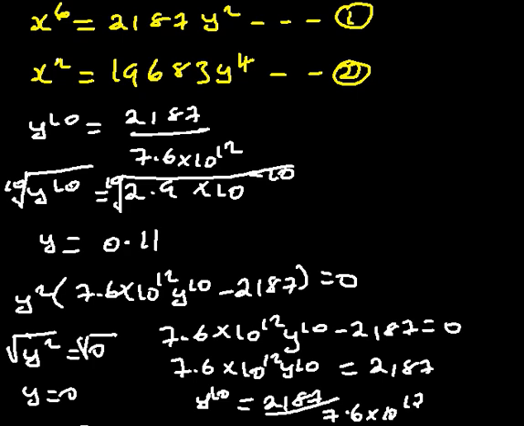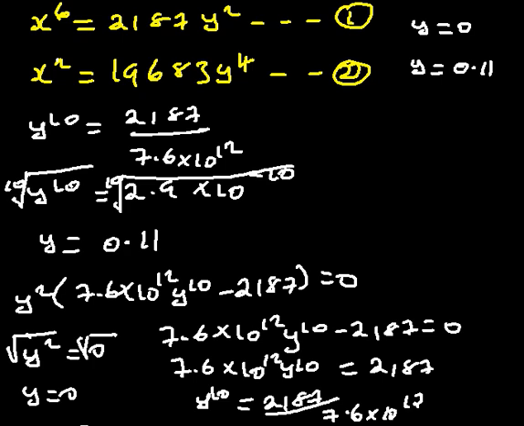So now we have two values of y. We have the first value, y is equal to 0, and the other value of y is 0.11.